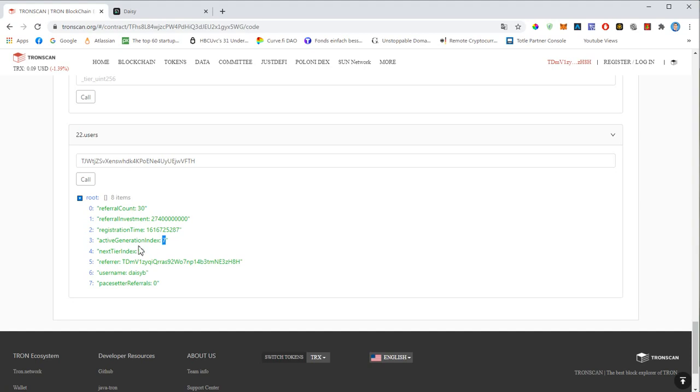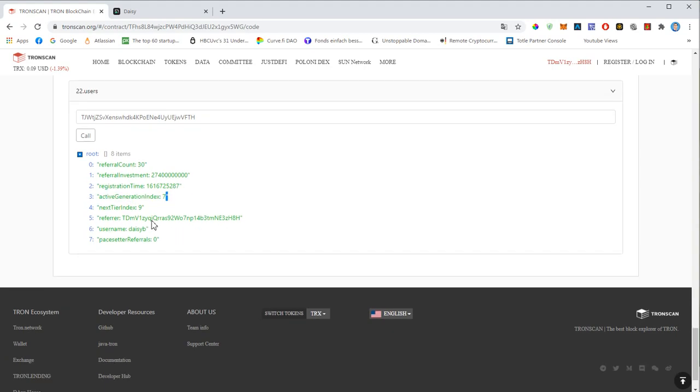That's how many generations that person has unlocked. This is how many tiers that person has, yeah, 9 tiers. And then this is the referrer's address. This is the username, and this is how many paysetter referrals that person has.